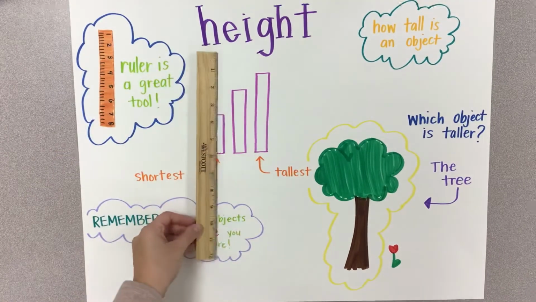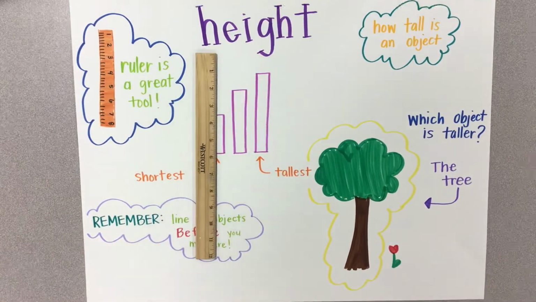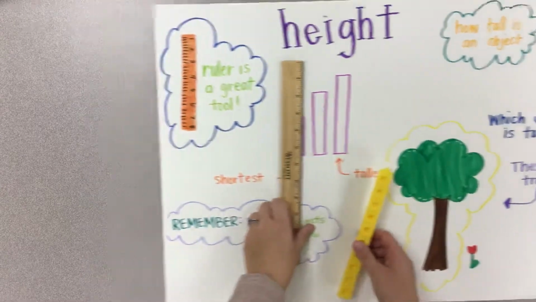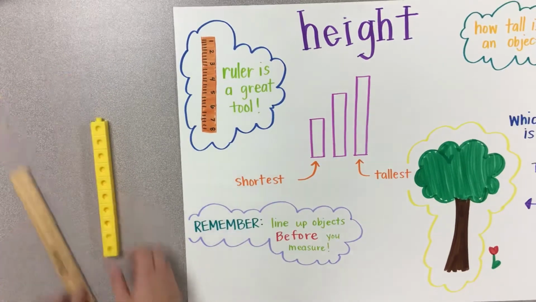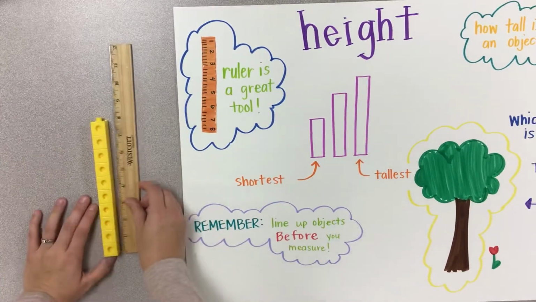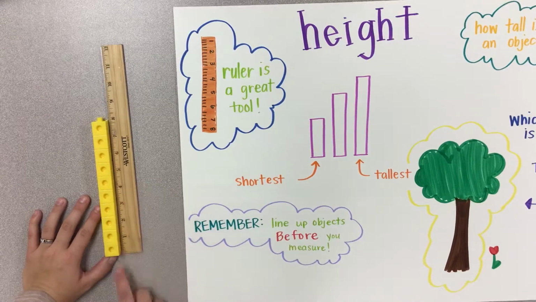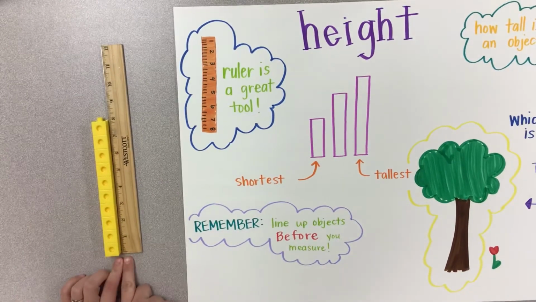So this is a real ruler, and I can use it to measure. I'm gonna move this to the side here. I can use it to measure my blocks here. So I'm gonna line it up at the bottom. So they're lined up.